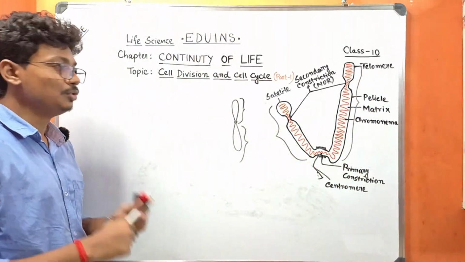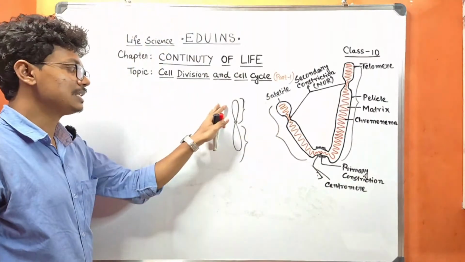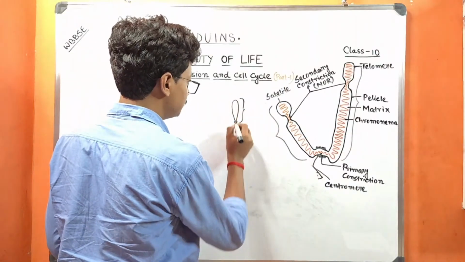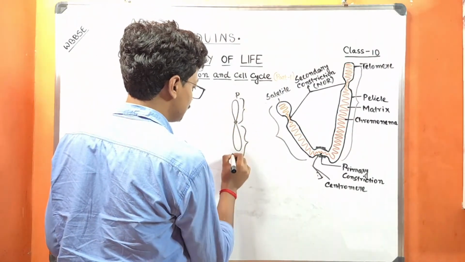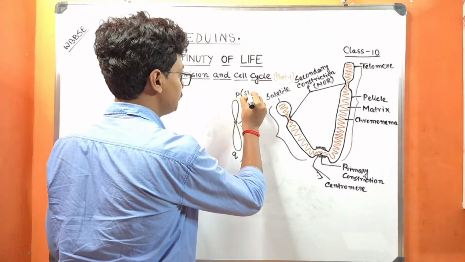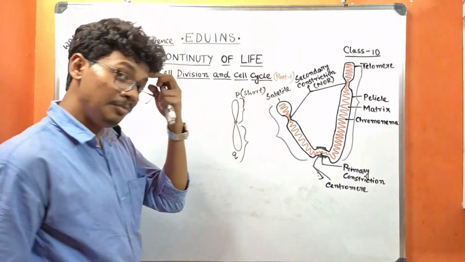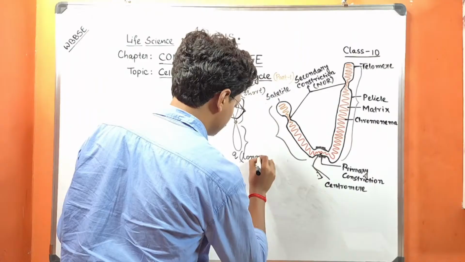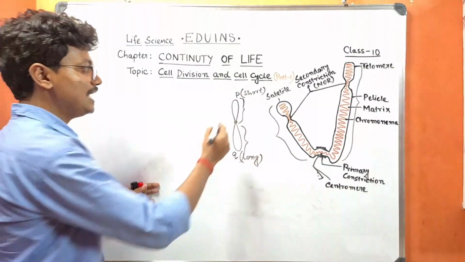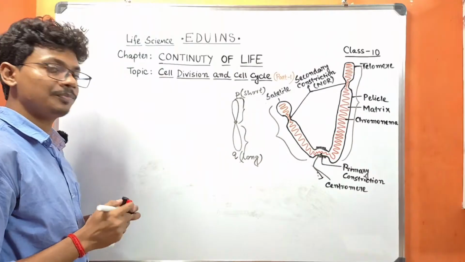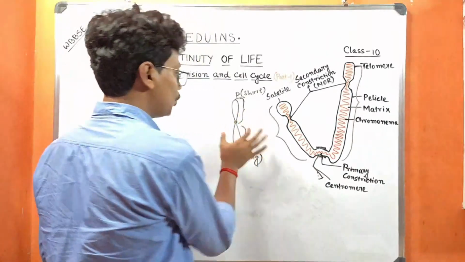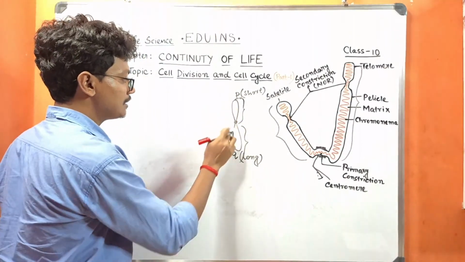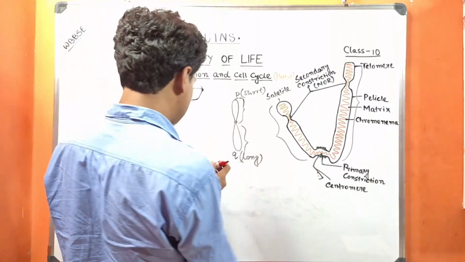Before going to the structure, first, the chromosome has two arms. One is P and another one is Q. The short arm is known as P and the long arm is known as Q. Here is the central region, and these two arms are known as chromatids.